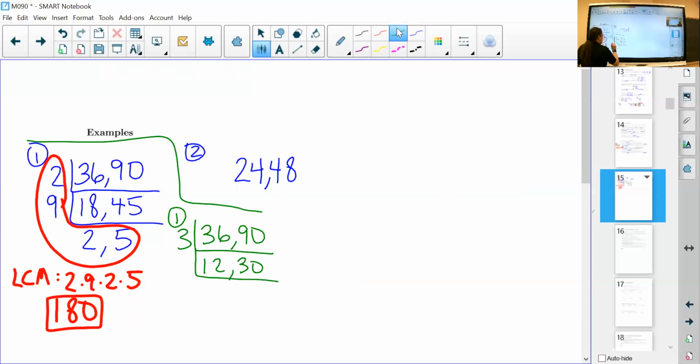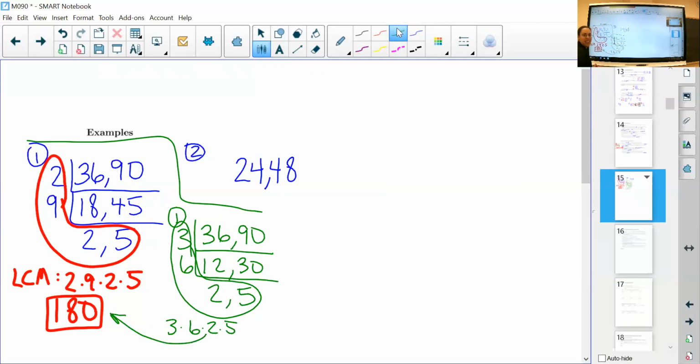Maybe now I'll take out a 6. 6 goes into 12 twice, goes into 30 5 times. Turns out 3 times 6 times 2 times 5 is 180. We get the same answer. Doesn't matter if we pull out a 2 and then a 9, or a 3 and then a 6, or an 18, or a 3 and then a 2 and then a 3. However we do it, we should get the same answer.